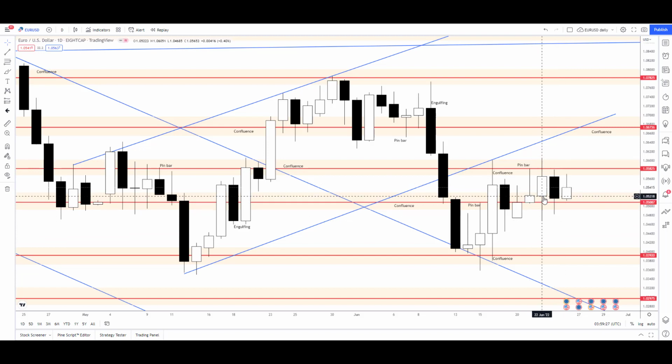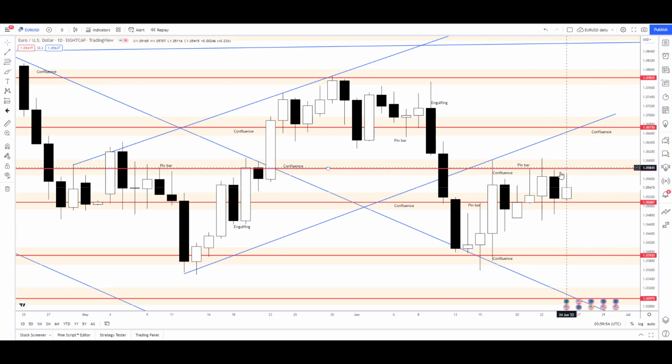We see that the price closed the day above the previous candle's close, and also it was above the previous candles in this range area. So it was a signal, as I mentioned in the previous analysis, that this is the price level that needs to be broken and closed above today as a signal to reach higher levels.